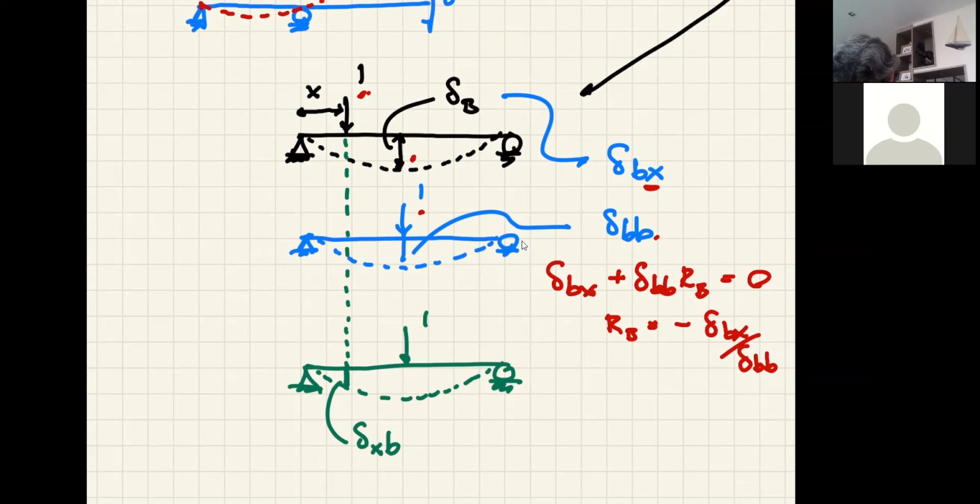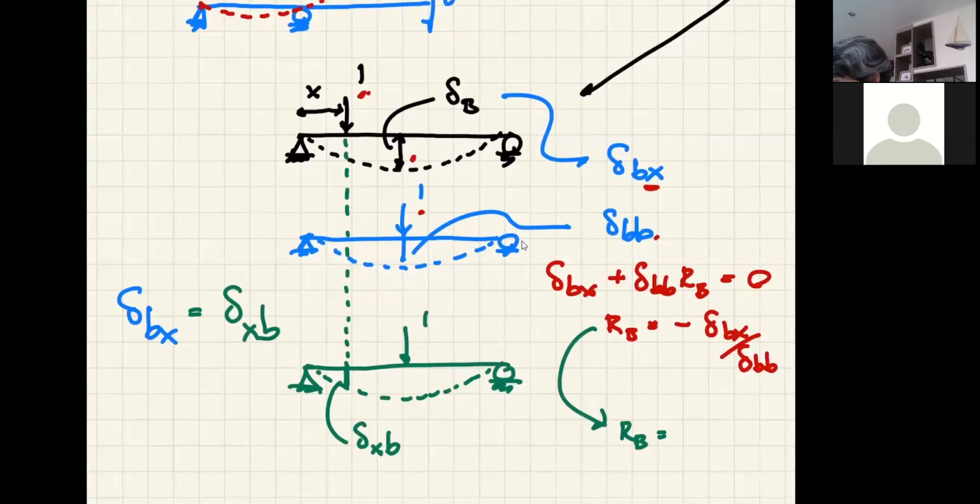Now, Maxwell reciprocal theorem says that delta Bx is basically equal to delta xb. So that means I can rewrite my equation as RB is equal to minus delta xb divided by delta bb.